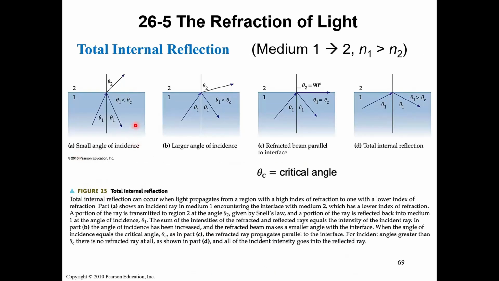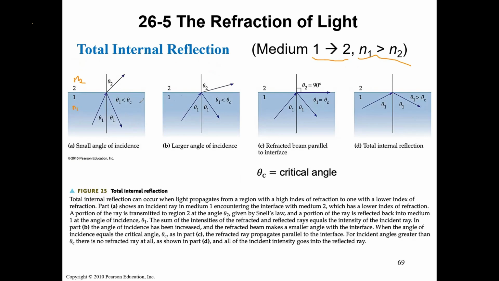Okay. An important special case of the phenomenon of refraction is the total internal reflection. Okay, so we consider two mediums, medium one refractive index is N1, medium two refractive index is N2, and N1 has a larger refractive index than N2, and the light is going from 1 to 2.